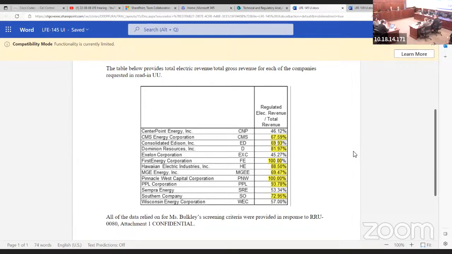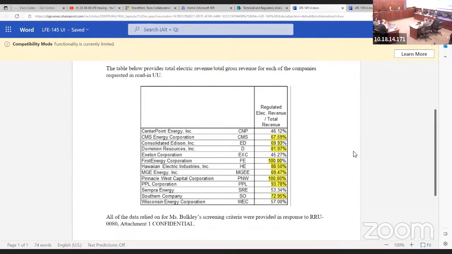And second, would it be more reasonable to lower the 70% threshold to some other number, like 60 or 65%, to let more companies in the proxy group under the presumption that more companies to analyze is better than fewer?